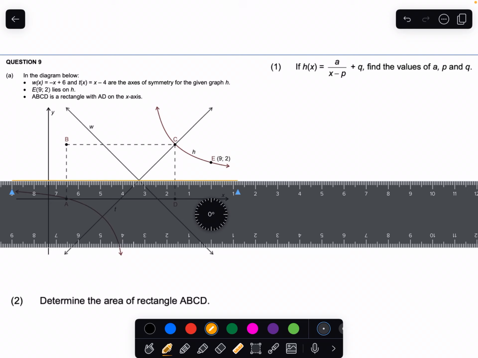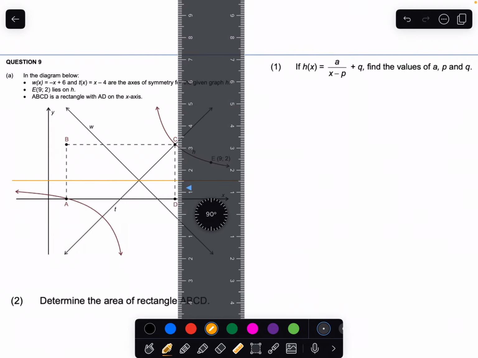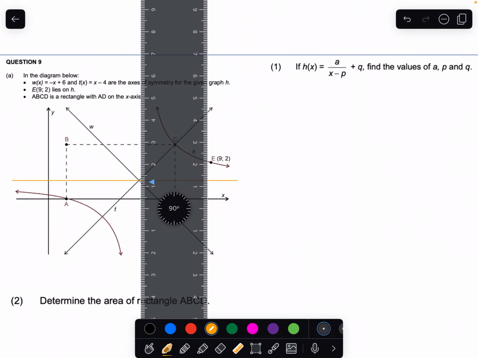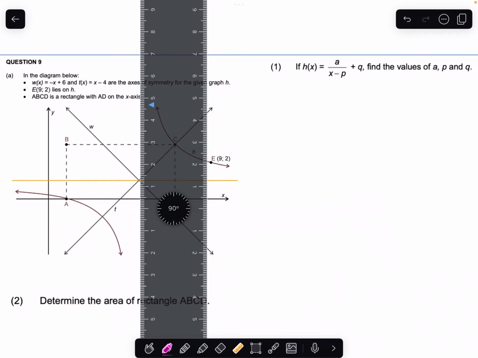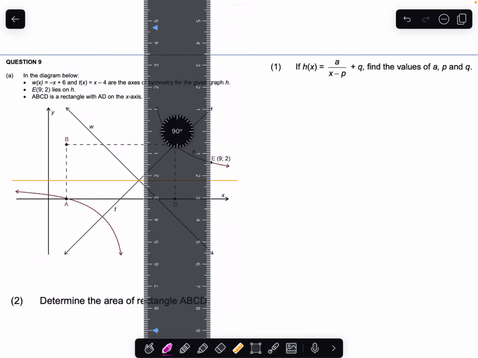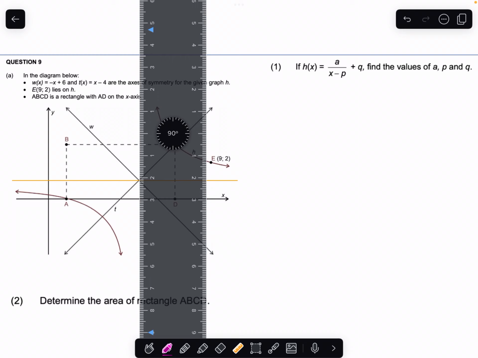Right, so that is good to know, because if we can find that point of intersection, then we have found the equations of the asymptotes, and we have found by how much this hyperbola has shifted from its original position, original in air quotes as usual.